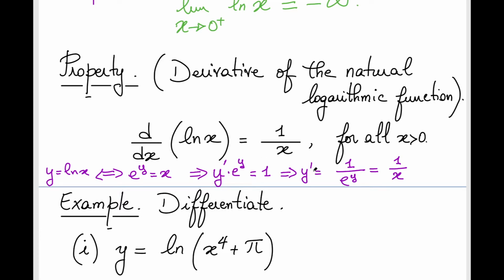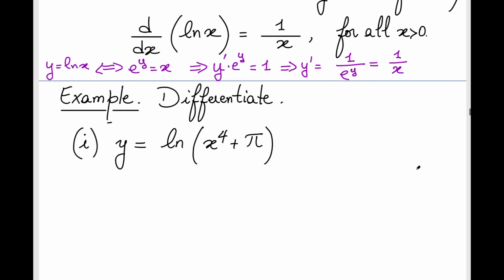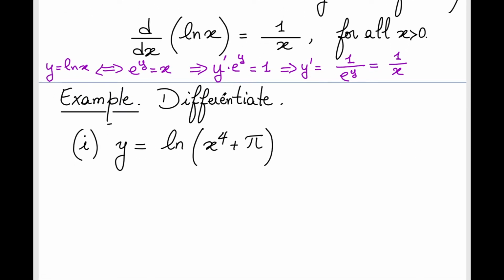So the derivative of ln is 1 over x. Okay, so this is another way to show it. Again, it uses the theorem because I need the theorem to tell me that something like this is meaningful. ln is differentiable, and once it's differentiable, I can use implicit differentiation. All right, let's see how we can use that.